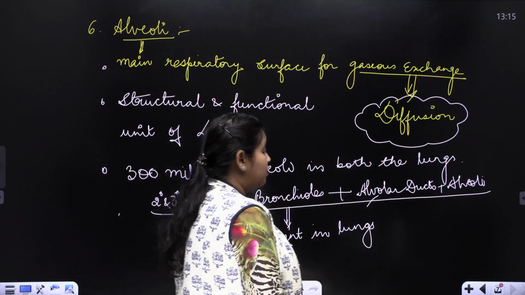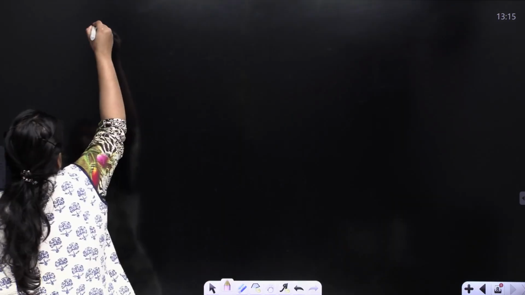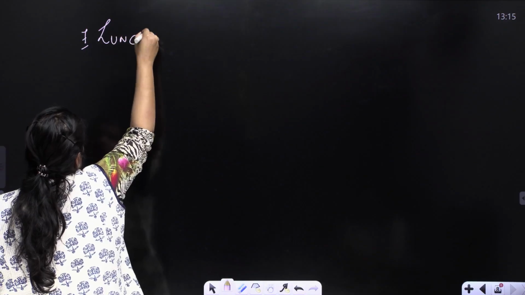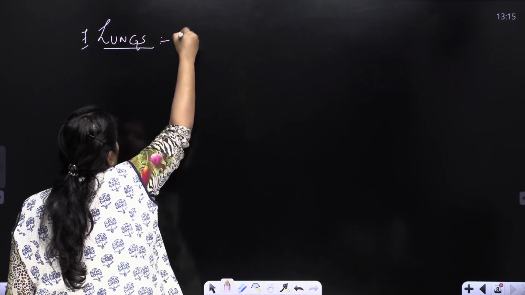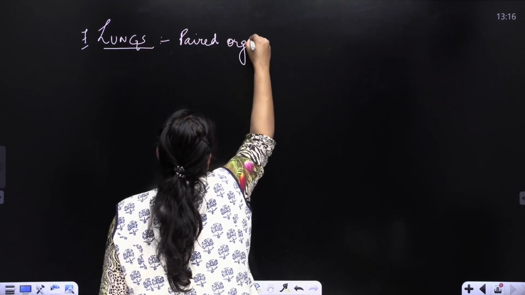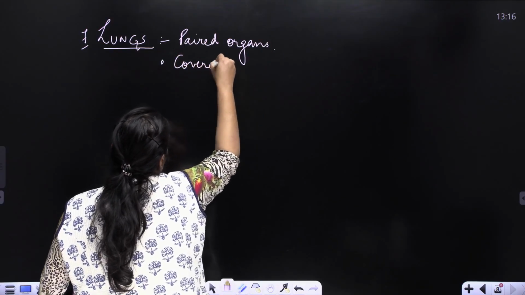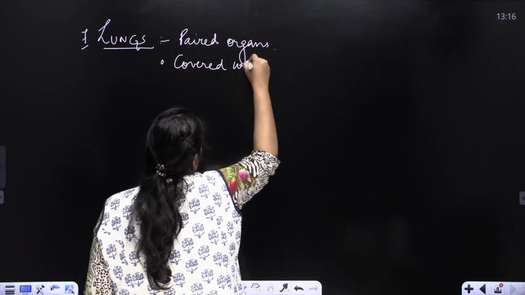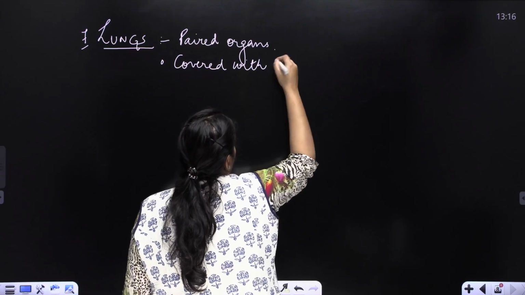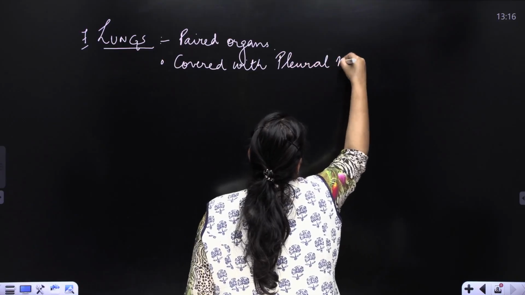So let us have a look at the next structure, which is the lungs. The seventh part is the lungs. What are lungs? Lungs are paired organs covered with membranes. Okay, now write the name. Pleural membranes.